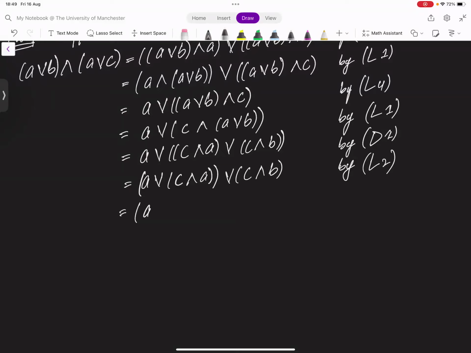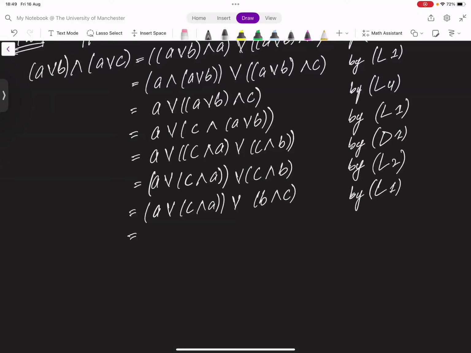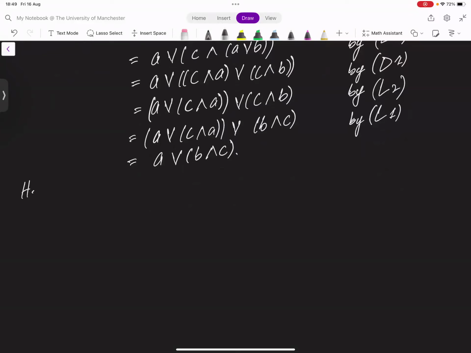Then we can also write by L1 commutativity, A or C and A or B and C. Here, by commutativity, and then we can combine them by the absorption, and we will end up with A or B and C. So hence, A or B and C is A or B and A or C.